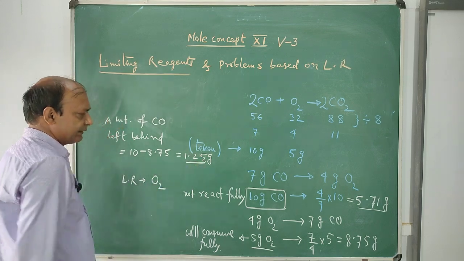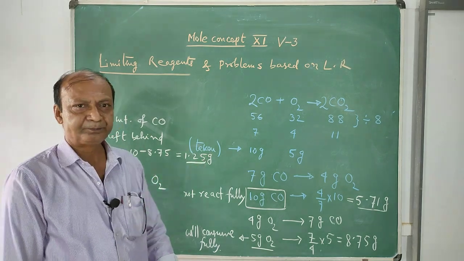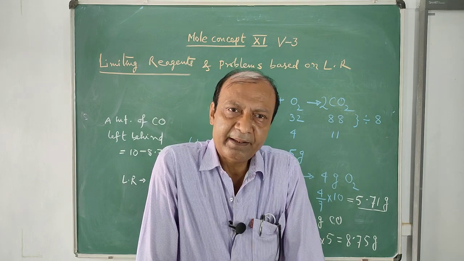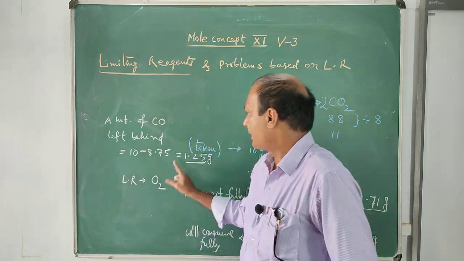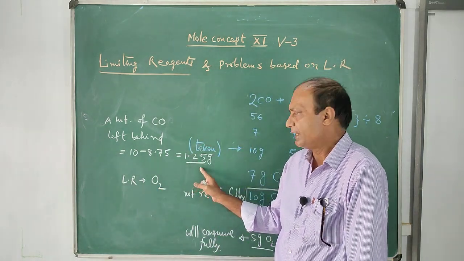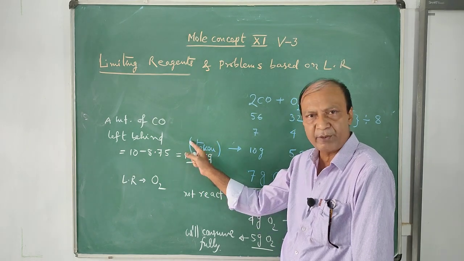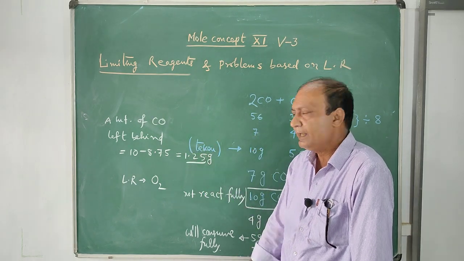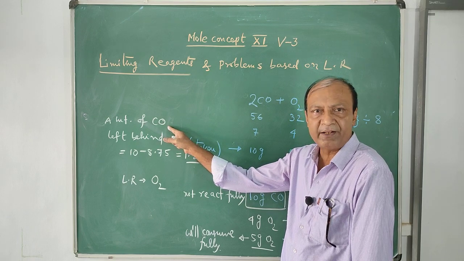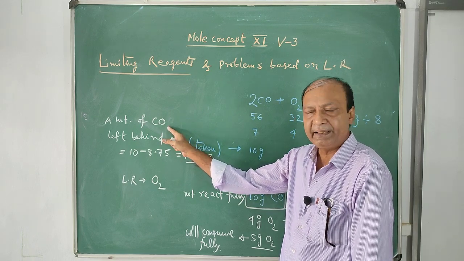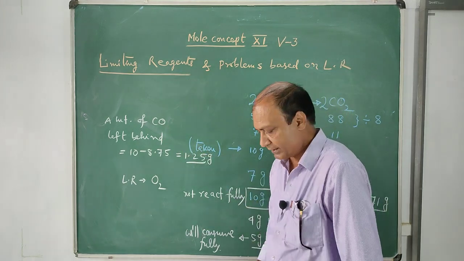So see, this amount of carbon monoxide will remain in excess. This means this amount of carbon monoxide will not take part in the reaction. That's why carbon monoxide, the other reactant, is named the excess reactant.